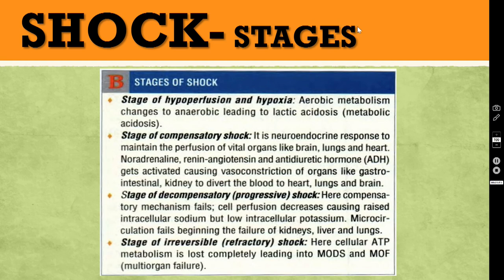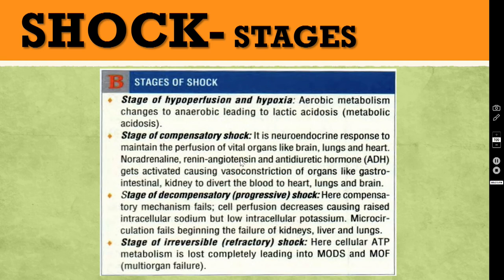Coming to the various stages of shock. Stage of hypoperfusion and hypoxia: aerobic metabolism changes to anaerobic metabolism, leading to lactic acidosis, resulting in metabolic acidosis. The next stage is the stage of compensatory shock. It is a neuroendocrine response to maintain the perfusion of vital organs like brain, lungs, and heart.